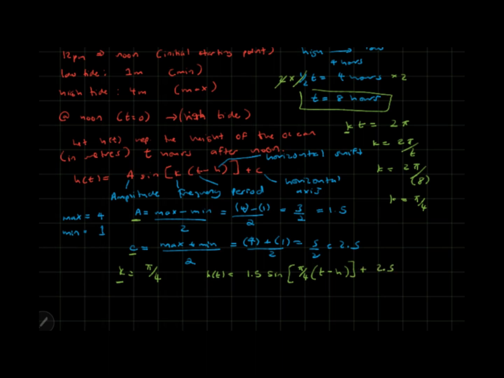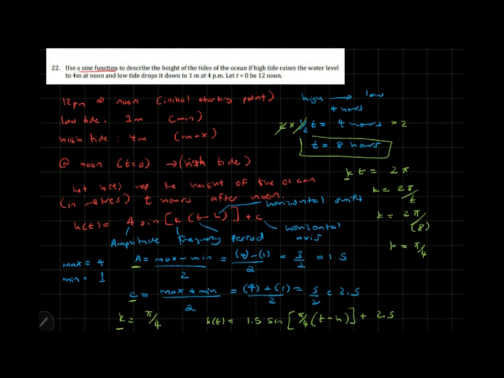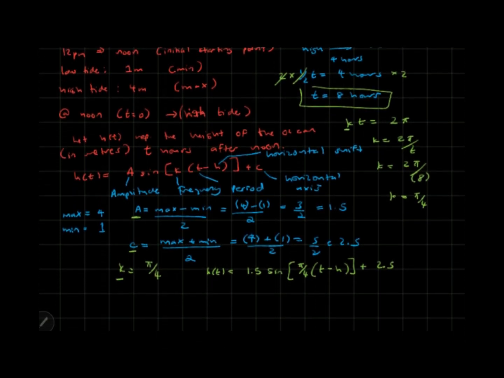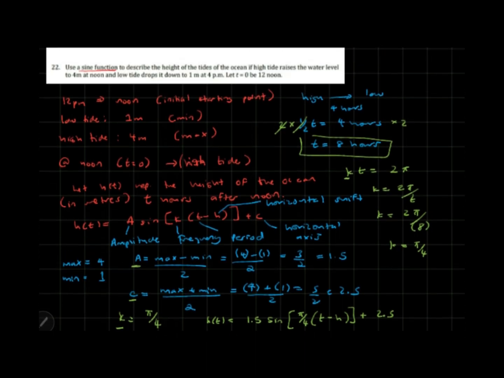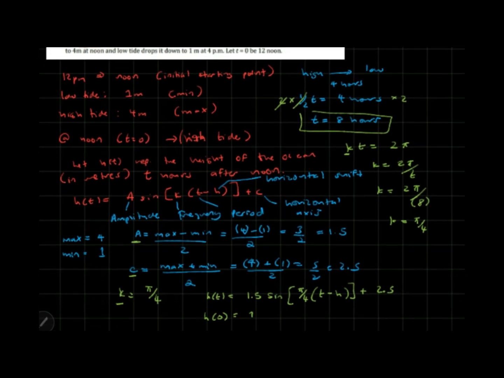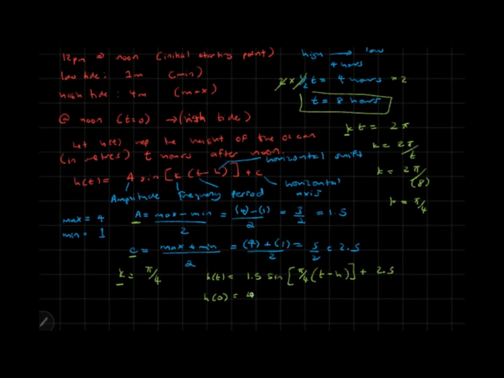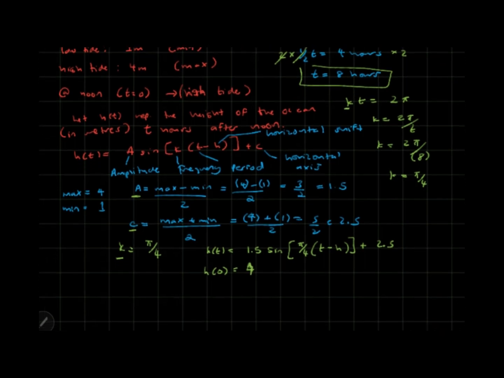I need to plug in a point to solve for h. I know that at 0, we start at high tide, which is basically 4 meters. Okay, so h of 0 should be equal to 4. So I'm going to plug that into my function.